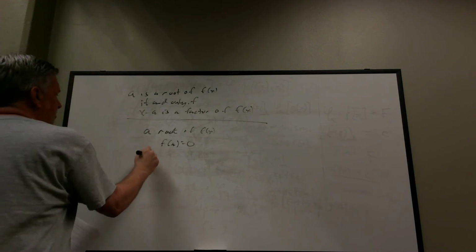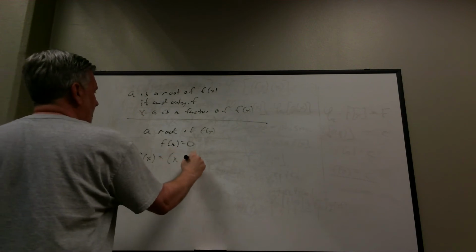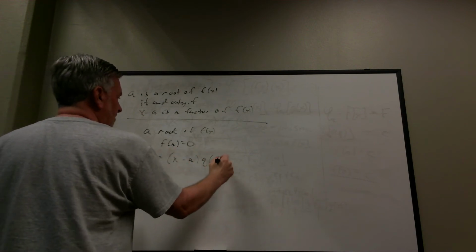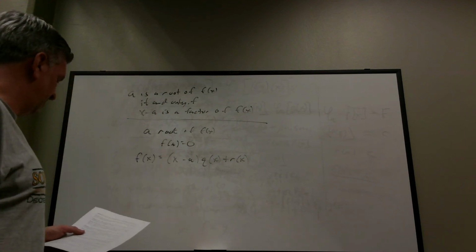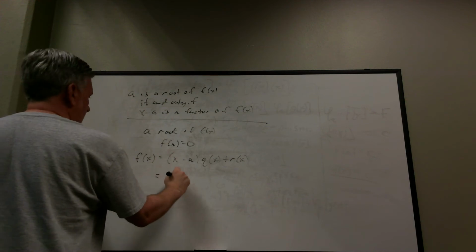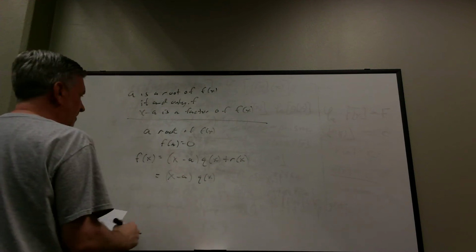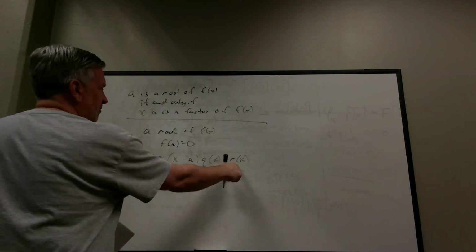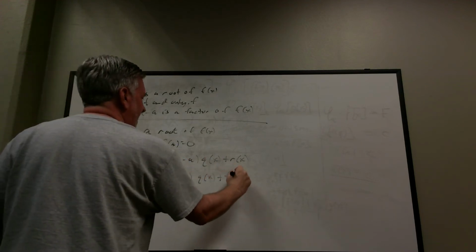Well, we just discussed you can write f of x as x minus a times some q of x quotient plus some r of x. That's by the division algorithm again. But we just said in the previous result that r of x, the remainder, is the value when you plug a into f. So that's f of a, right?